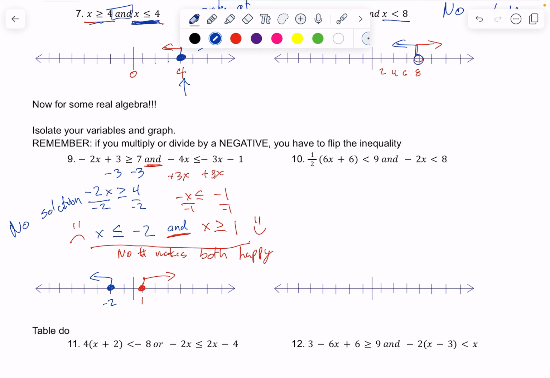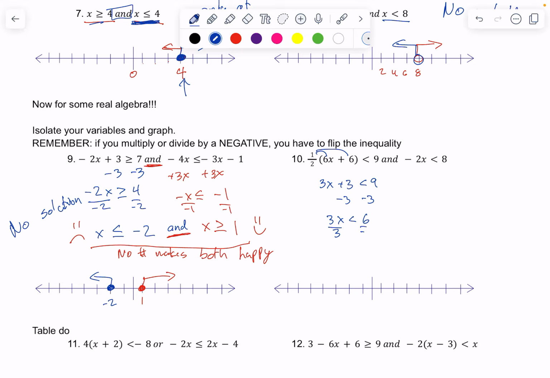For number 10, let's go. This is our distribution. We'll do a distribution game. When you distribute this, I'm going to get 3x plus 3 is less than 9, minus 3, minus 3. I have 3x is less than 6.